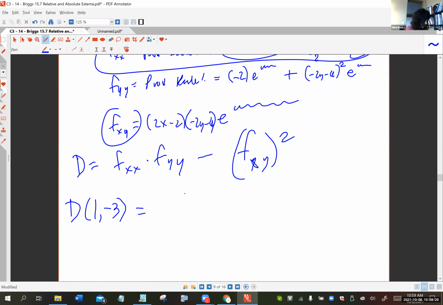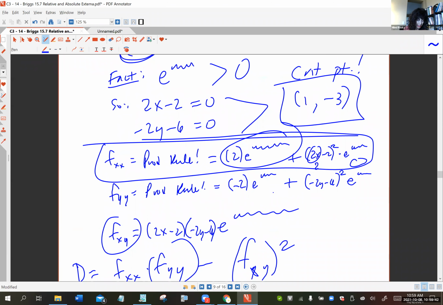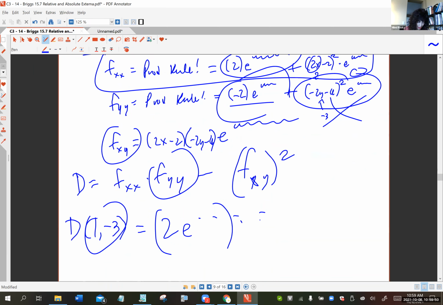So you're going to have 2 e to the whatever it is when you substitute the 1 negative 3. I don't feel like doing it. Okay. Times your fyy when you plug the 1 negative 3 into him. This term, when you plug y equals negative 3 in there, that term goes to 0. So you're only going to have the negative 2 e to the blah, blah, blah. And then minus your fxy getting squared.